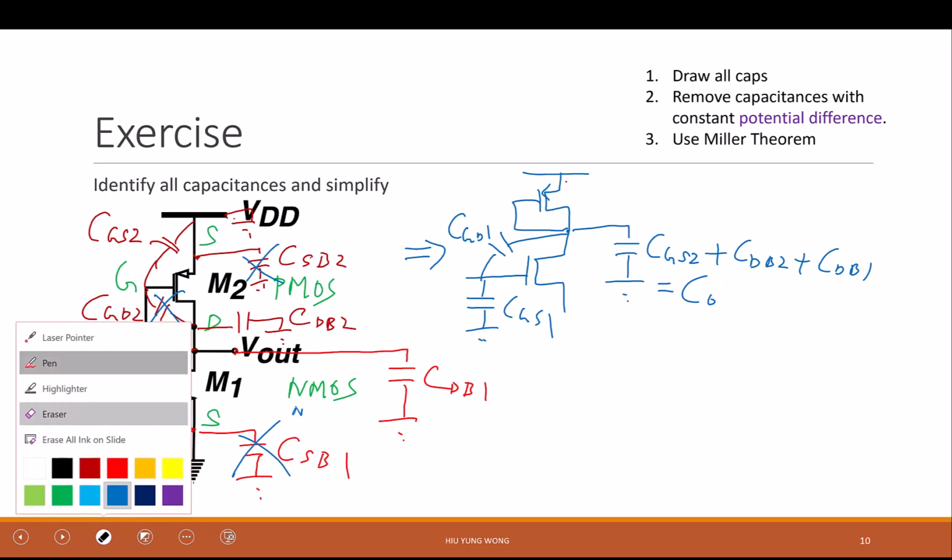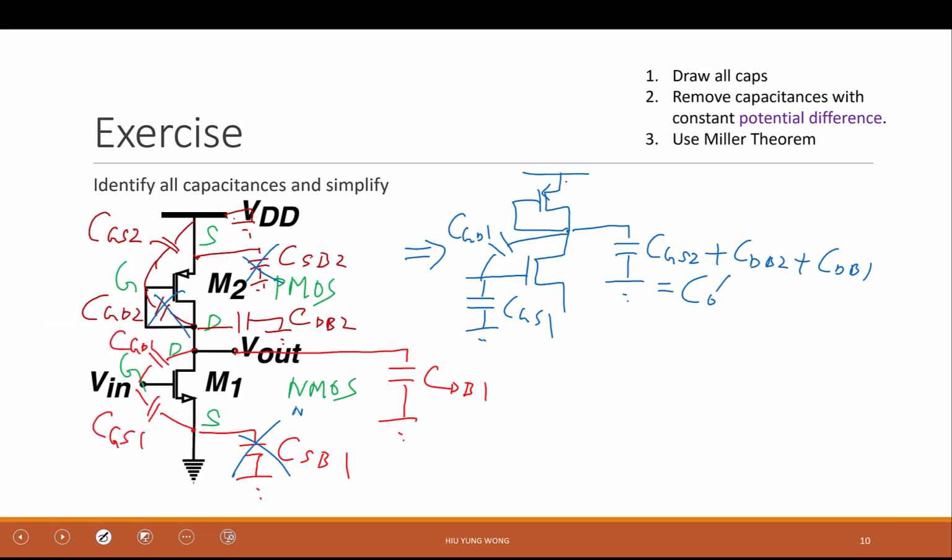Can I further simplify? Well, not really, but if I ask you to find the pole, then you will complain. You say, almost there, but there's a capacitor giving me the trouble. Which capacitor? CGD1, right? And what will you do? Use Miller theorem. Very good.